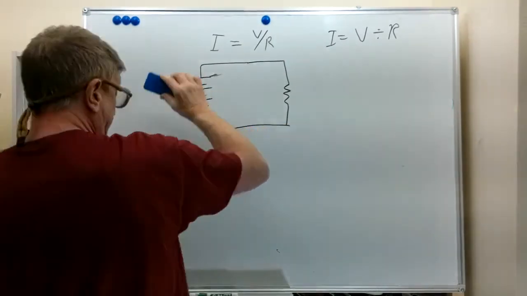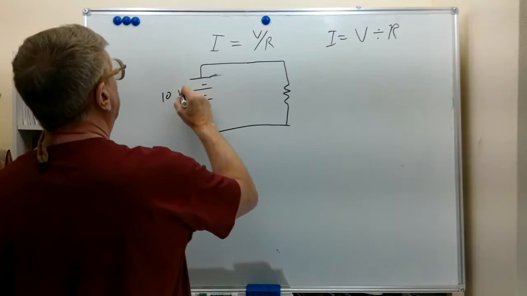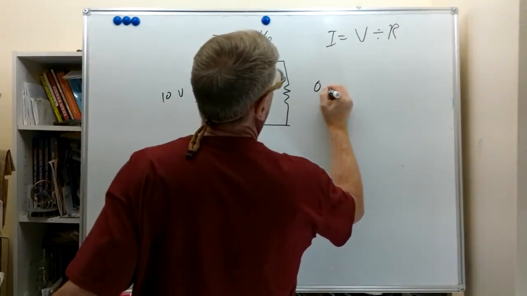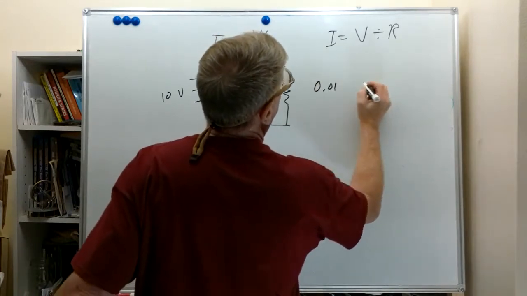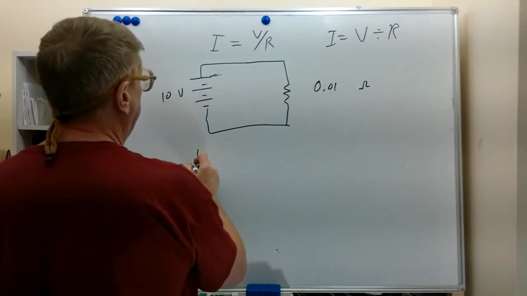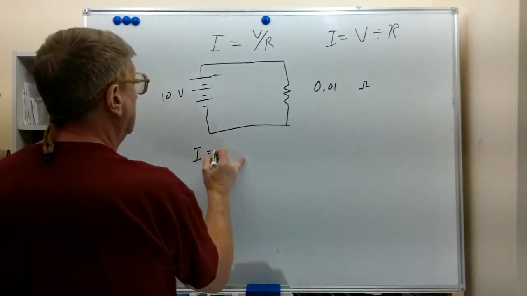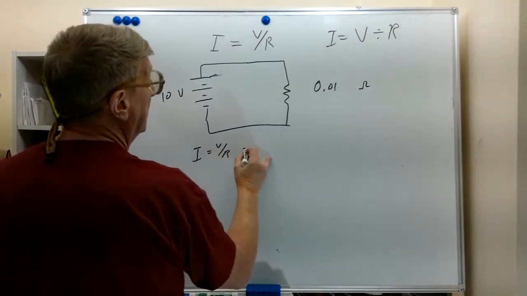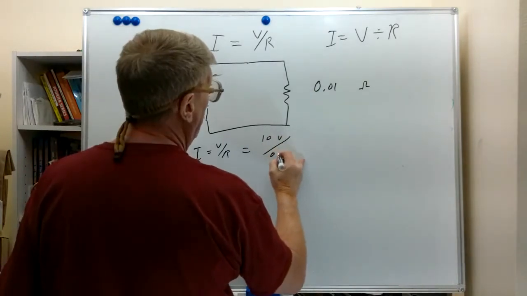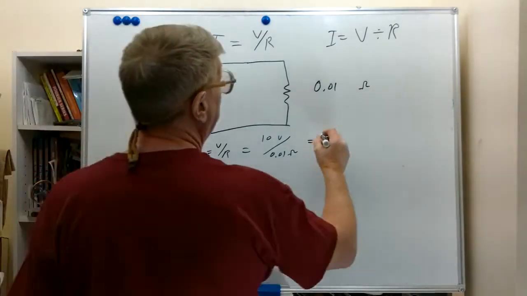But we can also have a low voltage, 10 volts, and an even lower resistance, 0.01 ohms, or 100th of an ohm, using the same Ohm's law to solve for I, voltage over resistance. So we have 10 volts over 0.01 ohms, and we come up with 1,000 amps.